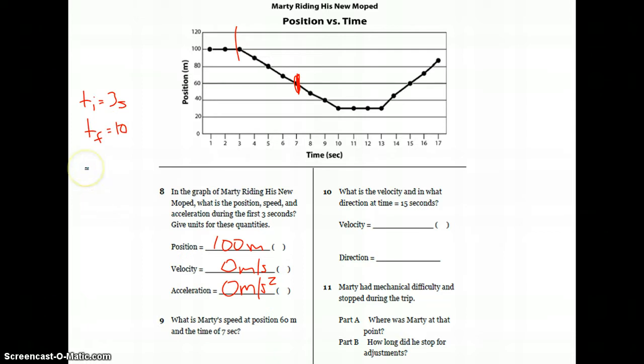So at 3 seconds it starts at 100 meters, and at 10 seconds it's down to 30 meters, so that's a change in 70 meters. So we can just divide the displacement of 70 meters by a time of 7 seconds, and that will give us 10 meters per second.